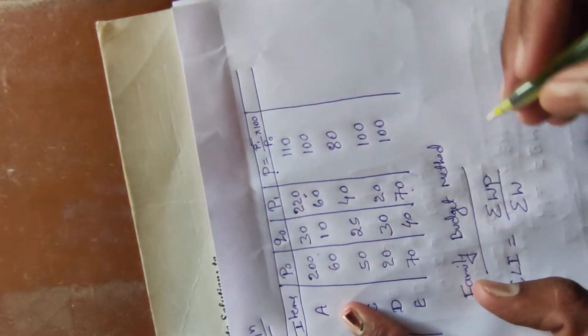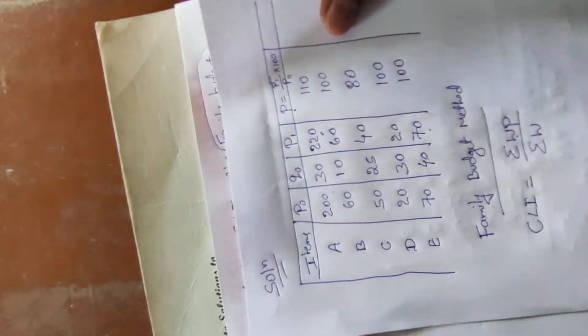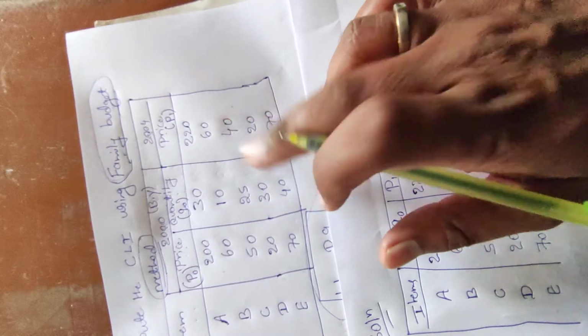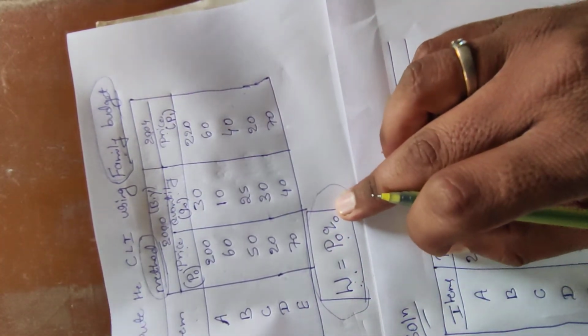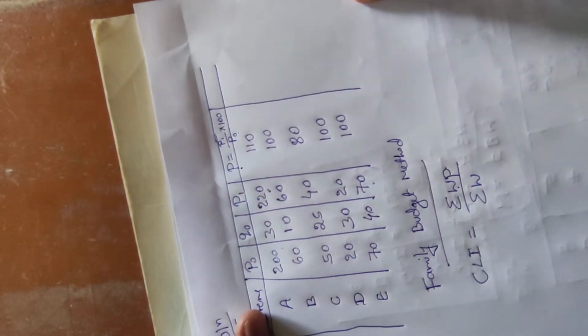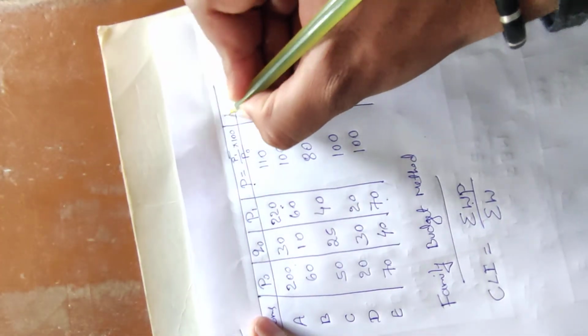Next, we require W. In this problem W is not given, so W is equal to P0 and Q0, the base year value.